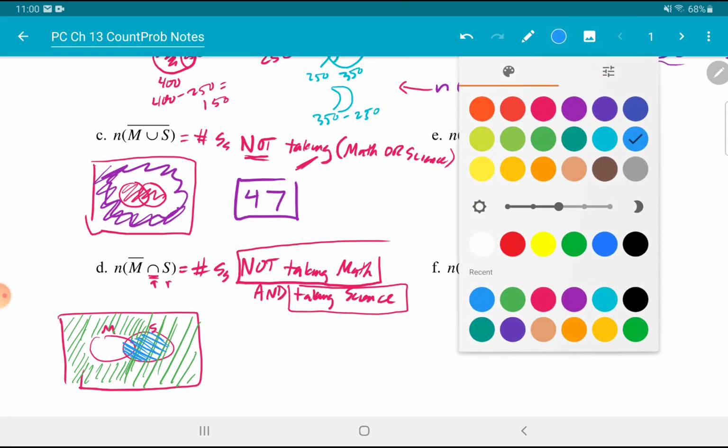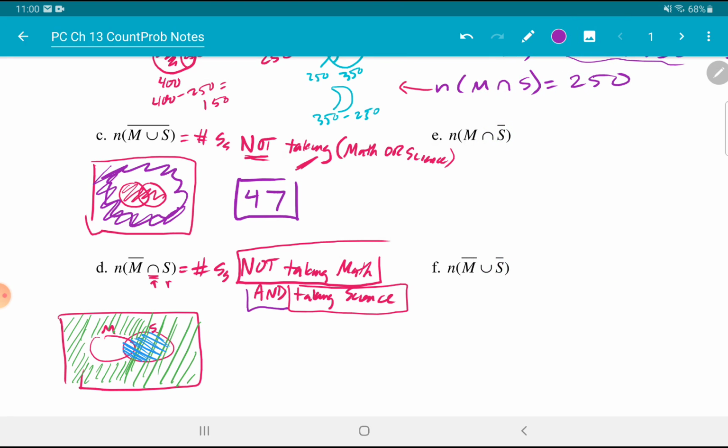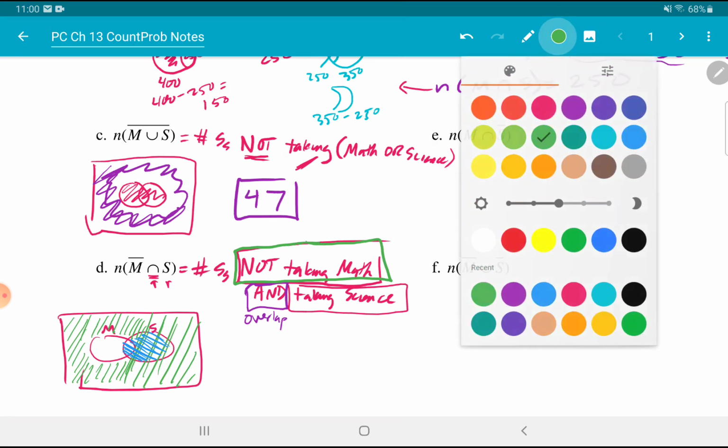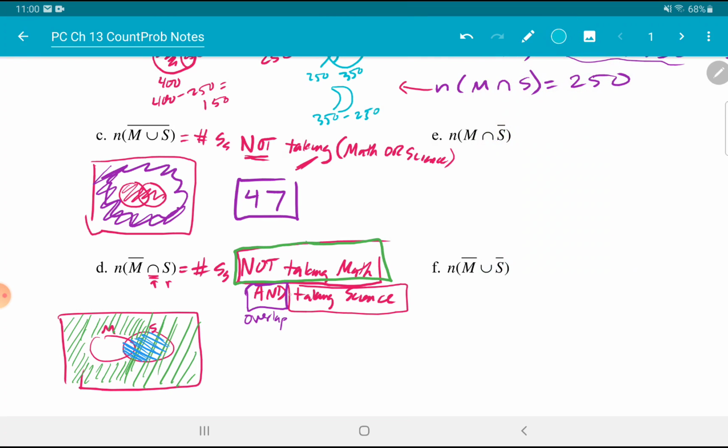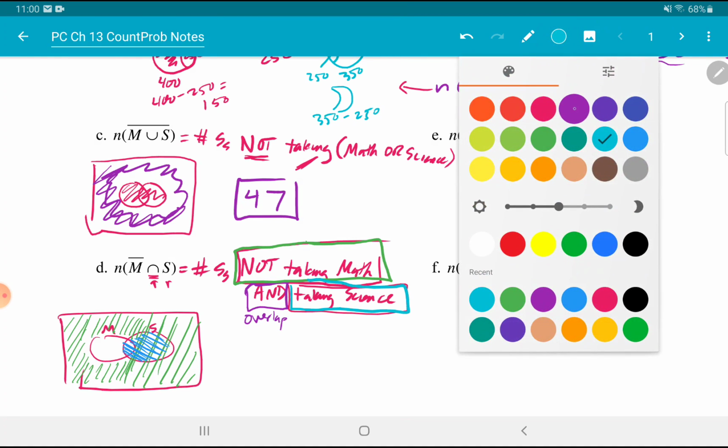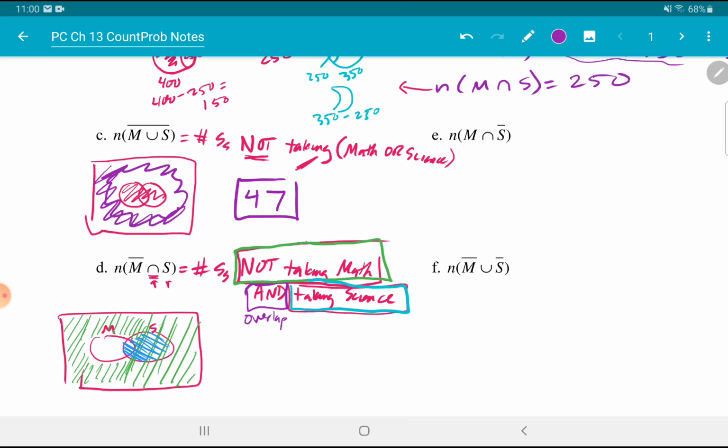Now, because we use the word and, we're looking for the overlap of what we did in green and what we did in blue.